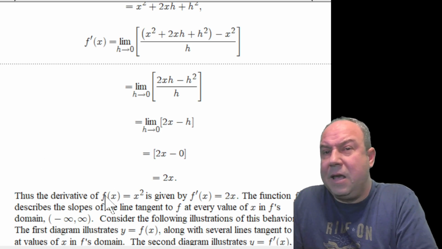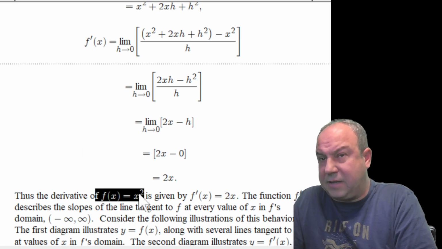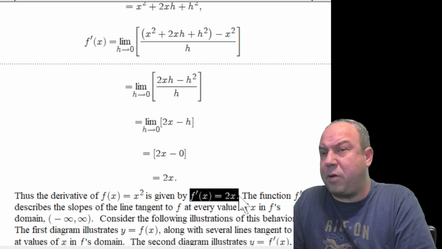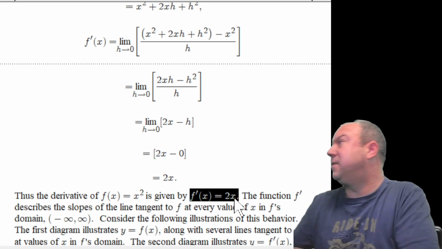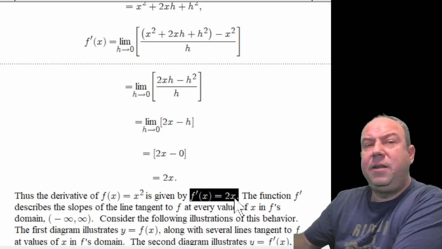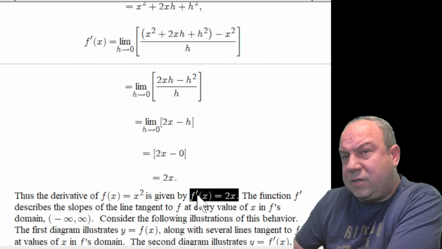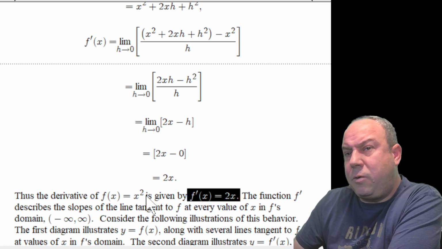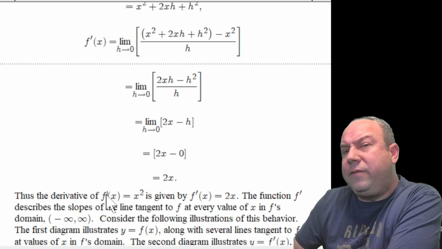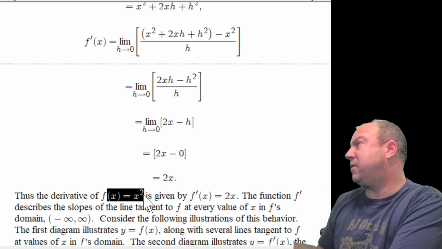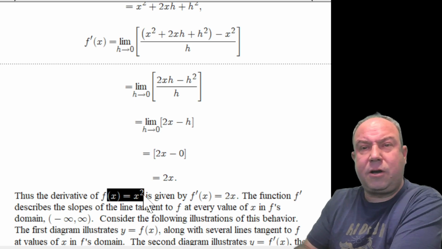The derivative of f of x equal to x squared is given by f prime of x equal to 2x. And what we want to remember is that f prime of x, this function 2x, describes all of the slopes tangent to the curve x squared at every single point along the curve.